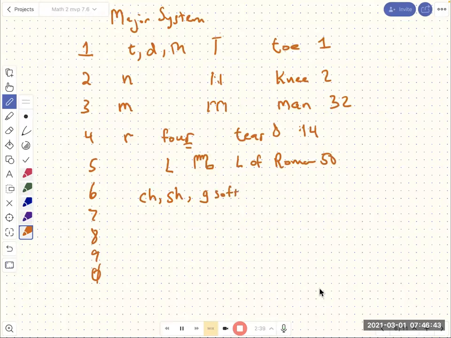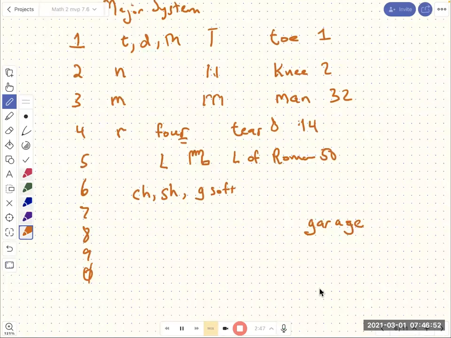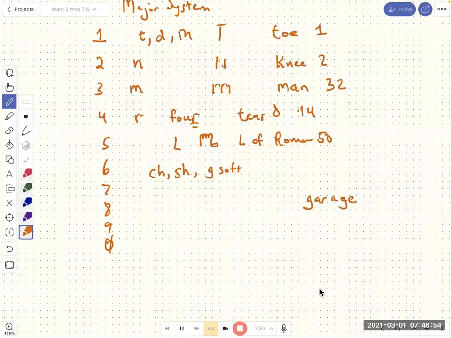Okay, and so we'll think of a word in a second. So let's think of how you do garage after we do 7. Okay, so let's say you had cage. Okay, so here's a guy in a cage. So he's in a cage, right? So the G in that is soft, the cage.